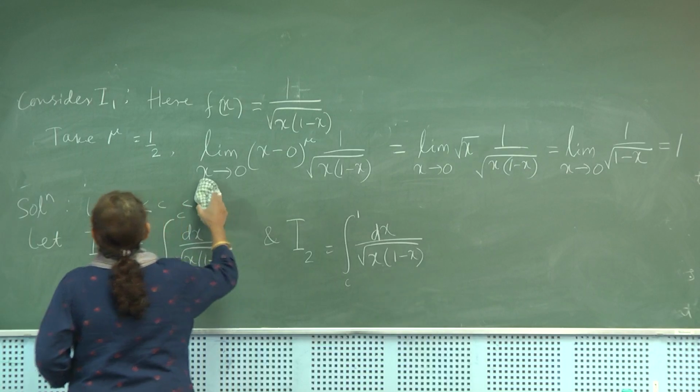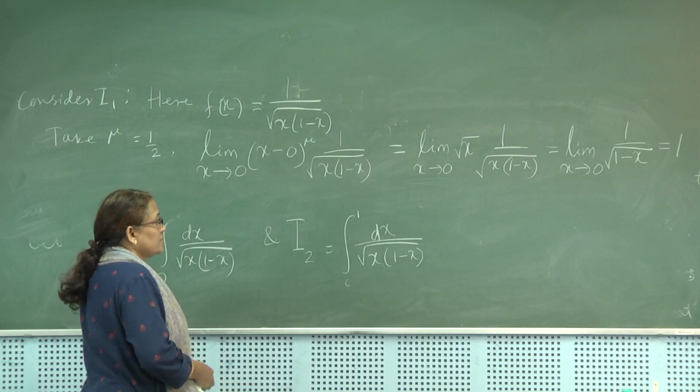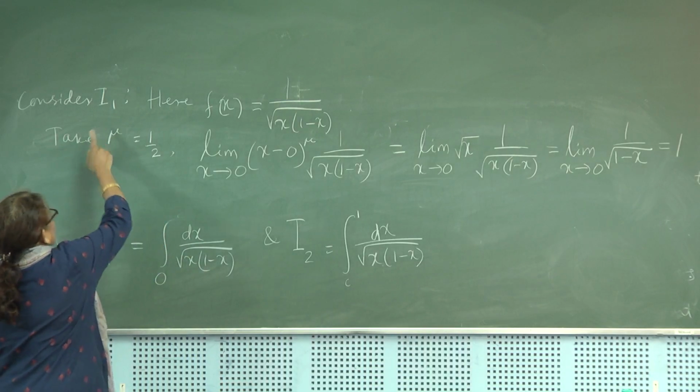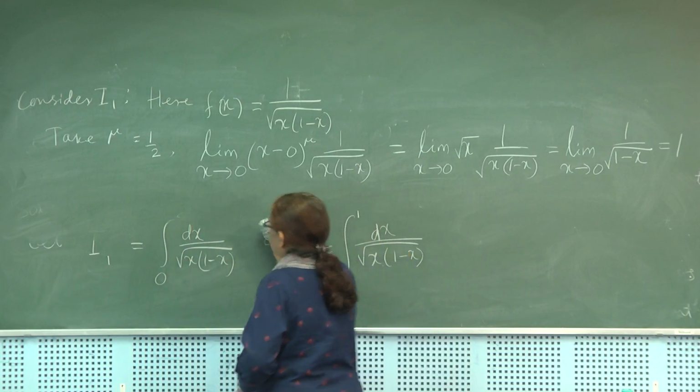So, therefore, we get that by the mu test improper integral I1 is convergent.